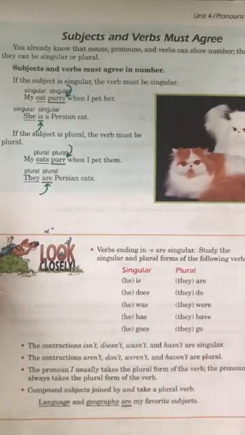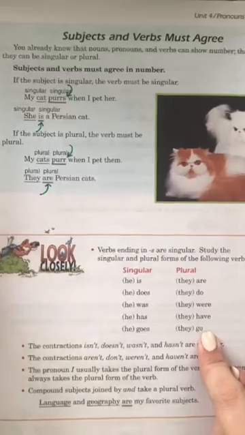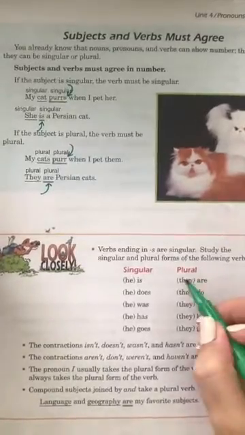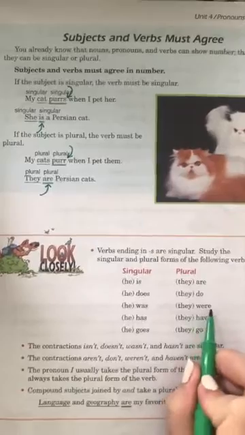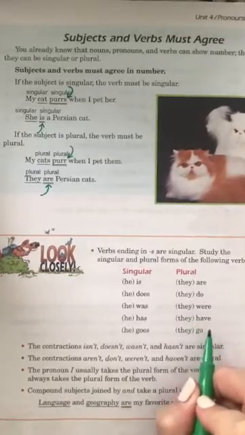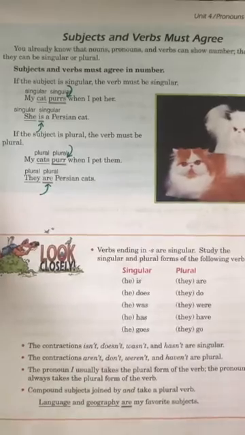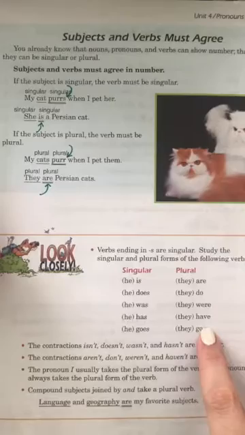No, we have to adjust our verb to also make it agree, make it go with the plural pronoun. So we wouldn't say they is, we would say they are, they do, they were, they have, they go. So just making sure that you notice that difference between singular and plural and how your verbs have to adjust.